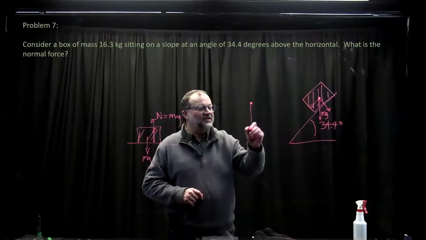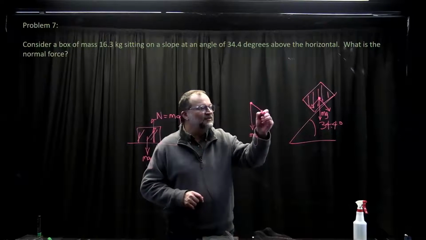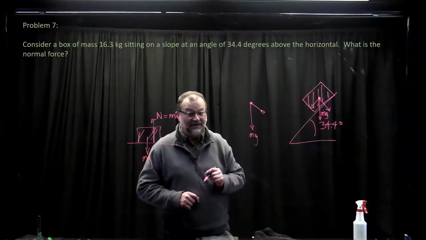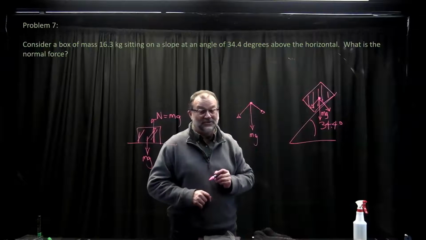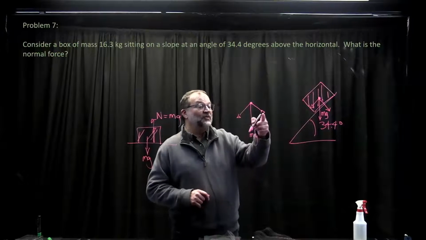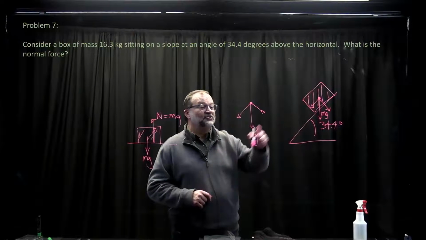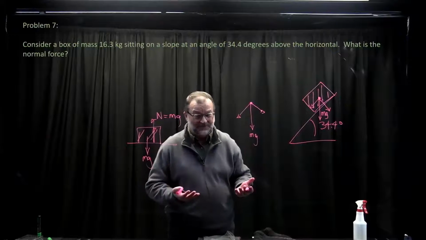We've got mg that goes straight down. We have a piece that goes directly into the plane, into that slope, and we have a piece that goes straight down the slope. And so this is the piece that's going to be equal to the normal force. So whatever that is. Now we just got to figure out angles.